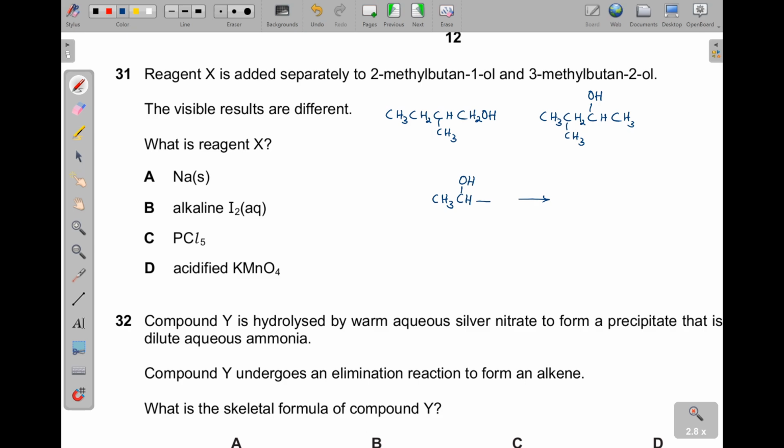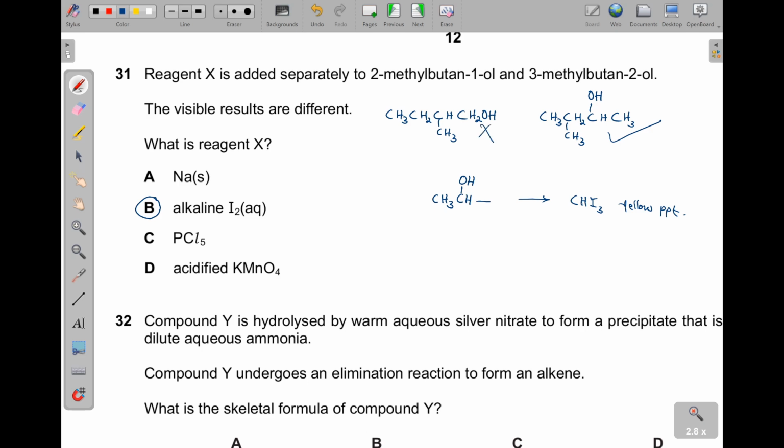Actually, this one we call the iodoform test. Okay, so CHI3, triiodomethane, which is a yellow precipitate. When you look, this one doesn't have this CH3CHOH group, but this one has it. You see the group here. So that one will give a positive test. So that means this is the answer actually, because this one gives a positive test with it, but this one doesn't.